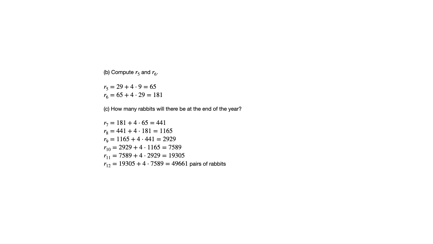And even just doing this by hand is not going to be that great amount of work. So we get r sub 12 is 49,661 pairs of rabbits. Okay, so we're seeing this population grow quite rapidly. And that's the end of this problem.